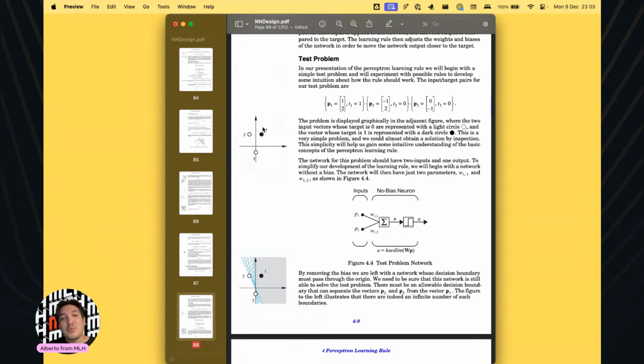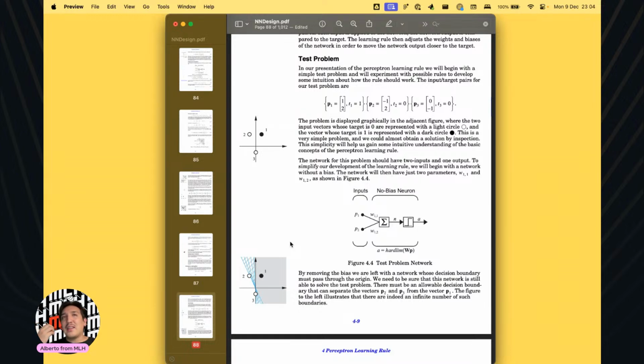Imagine you have this problem, these three vectors, and you want to classify just the first as positive and these ones as negative. You can start with a decision boundary pointing in any direction you want, then test the output of that and see what the results are and what you're missing.